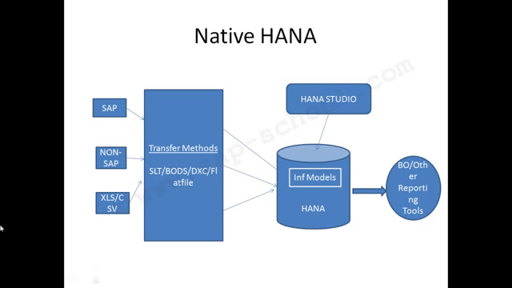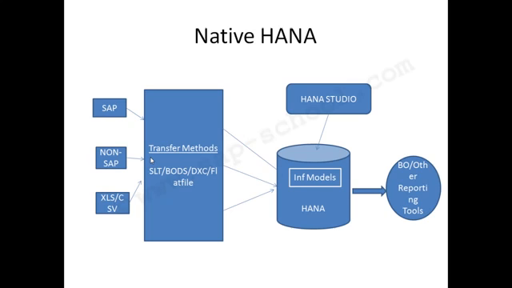Then we have the Business Objects Data Services, which we use to transfer data as well. And then we have the DXC, which is the Direct Extractor Connection, which is nothing but, in SAP, we have SAP delivered data sources which are a replica of the database tables.